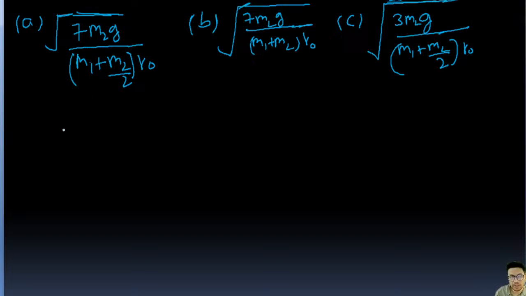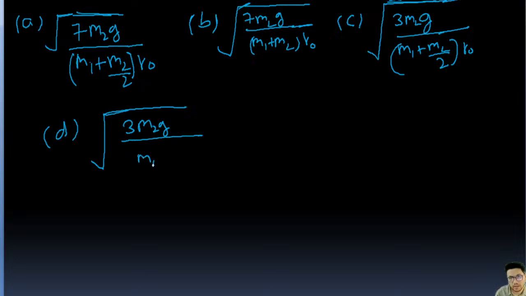And option D is root 3m2g upon m1 plus m2 r naught.